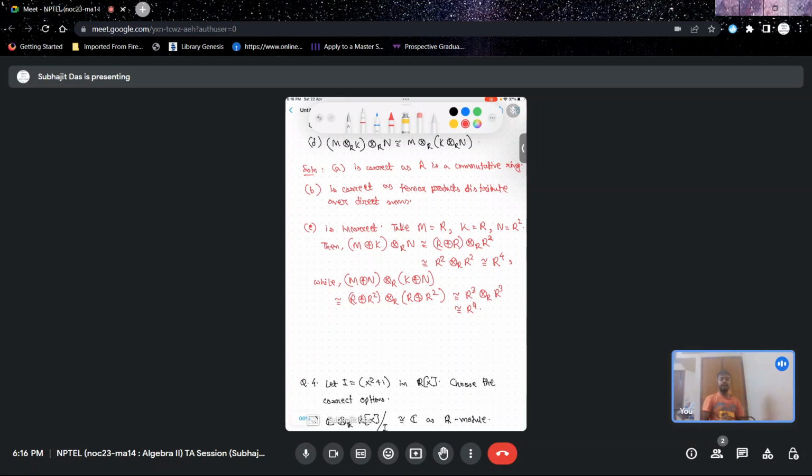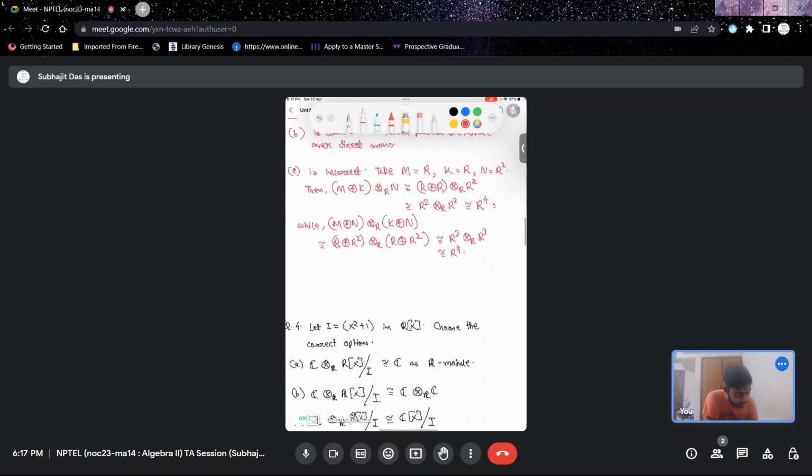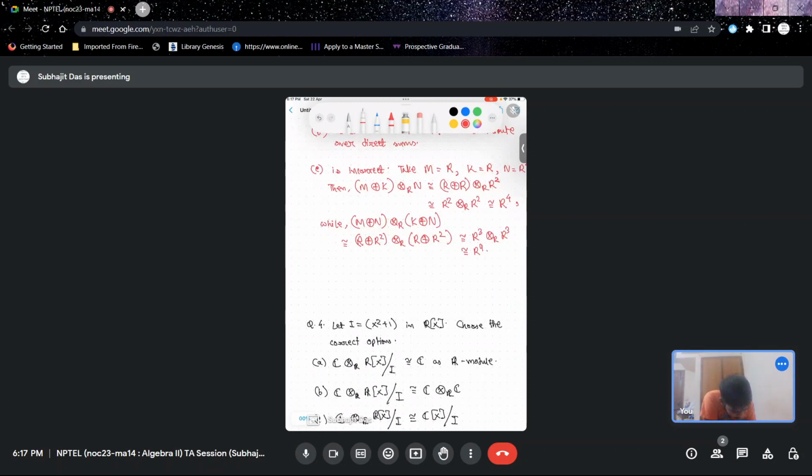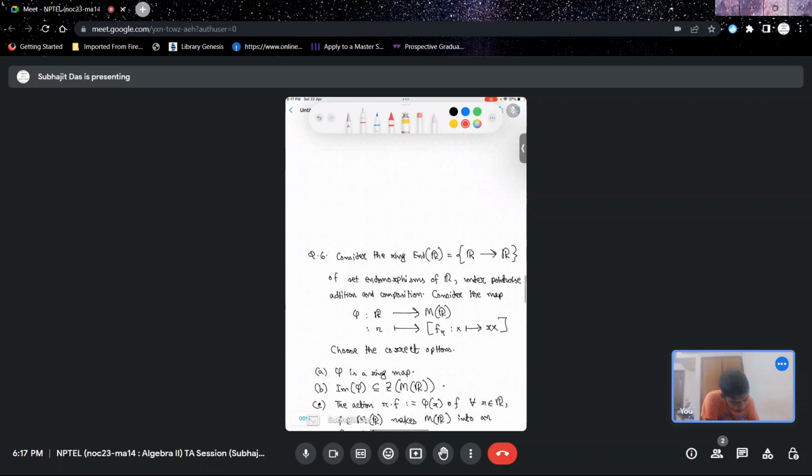And R to the power 9 can never be isomorphic to R to the power 4. We'll see this later; I've included an exercise for this later. So R to the power 9 cannot be isomorphic to R to the power 4. So let me just check the question number which I took.